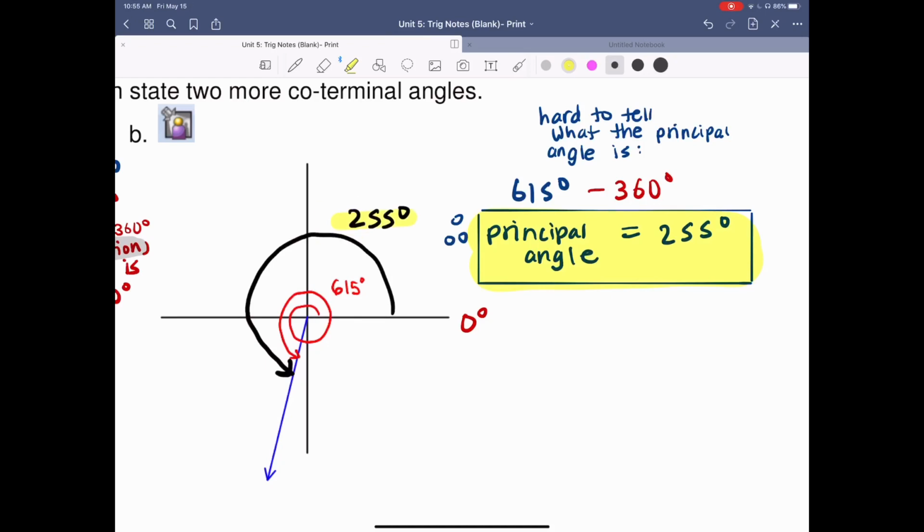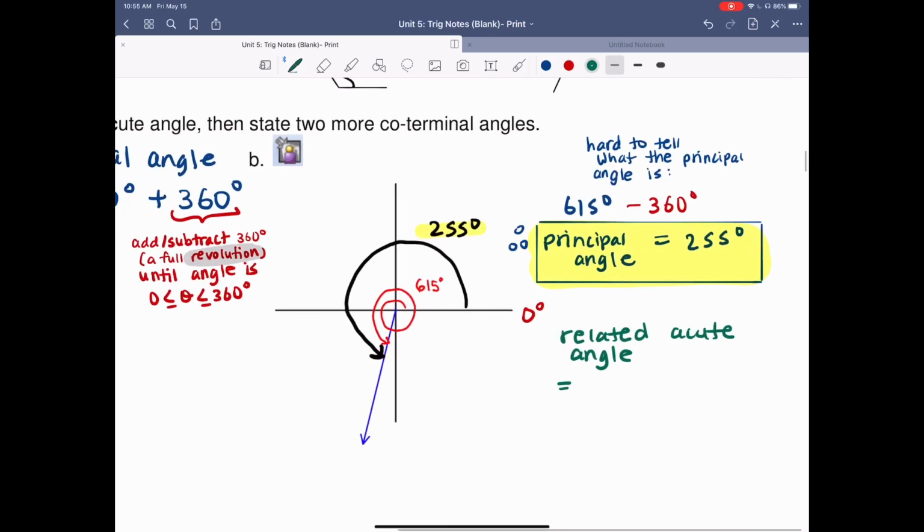So let's find the related acute angle. My related acute angle is going to be found by looking at what is that related acute angle that meets the x-axis. So if this terminal arm is telling me that that is 255, well, I'm not going to subtract with 270 because that's to the y-axis. And so you're going to subtract 255 by 180. Notice that the order that you subtract matters, right?